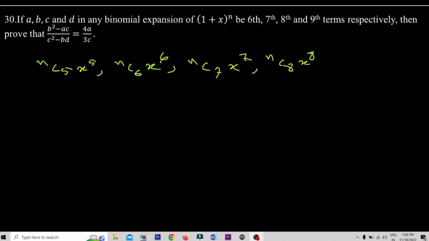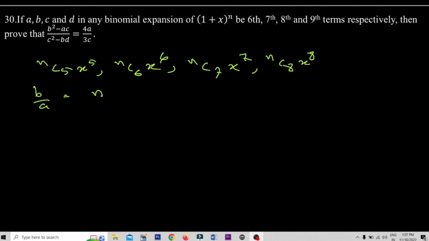Therefore, according to the question, let us proceed. B by A equal to, we can write this as, A is nC5 x to the power 5, B is nC6 x to the power 6, C is nC7 x to the power 7, D is nC8 x to the power 8.